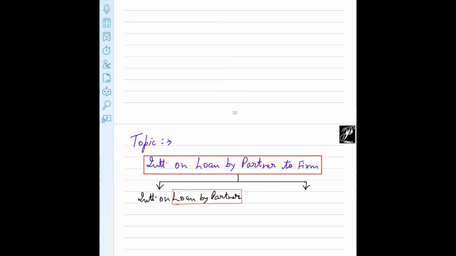What it implies is that the firm shall pay interest to the partner. Okay.